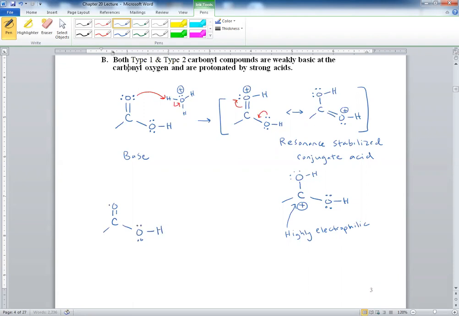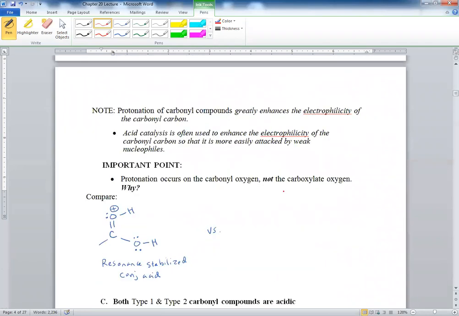This lone pair on the carboxylate oxygen attacked the proton. Okay, so let's draw the result of that down here.